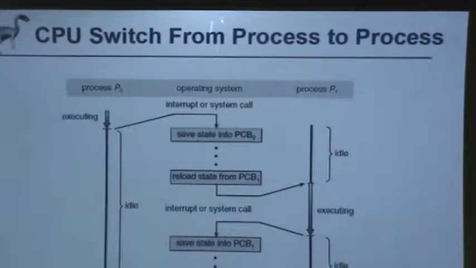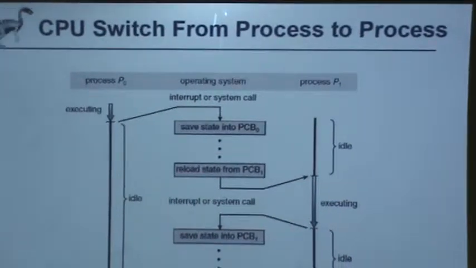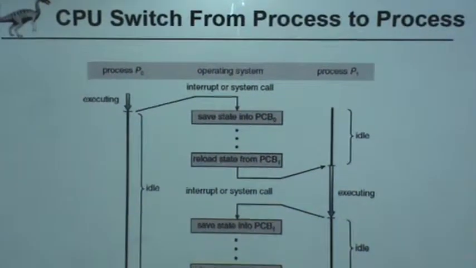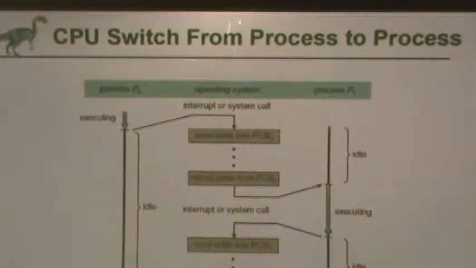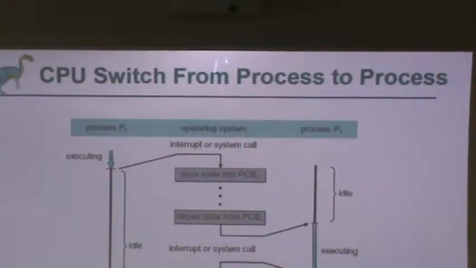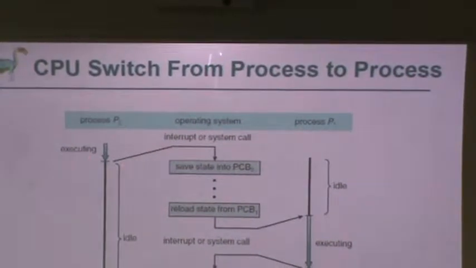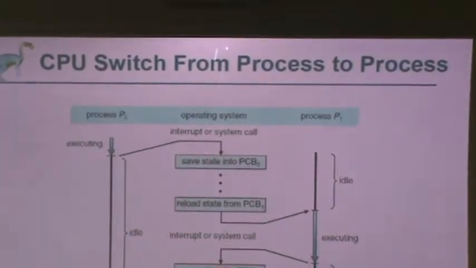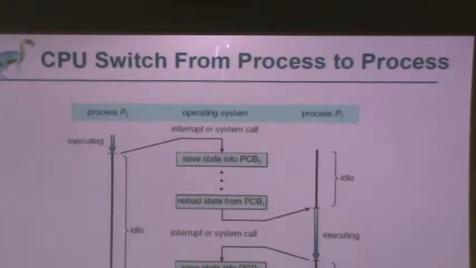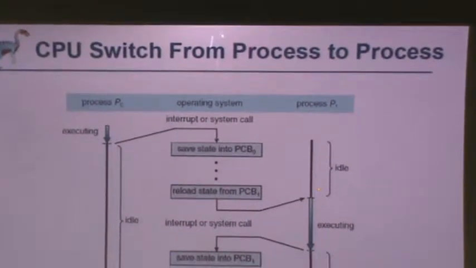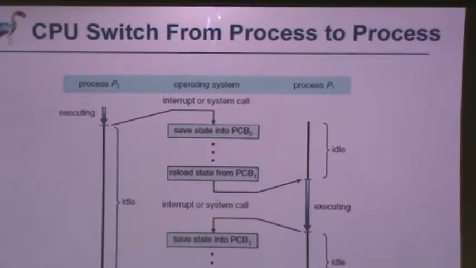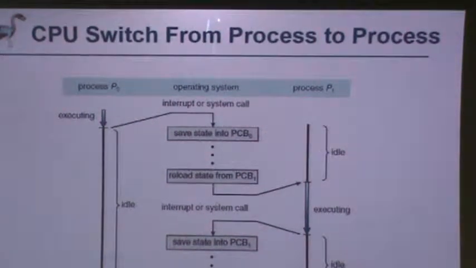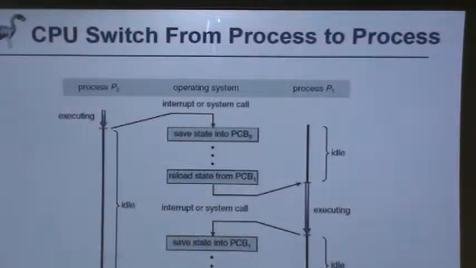This slide shows the context switch. We will see a little more detail about the context switch later. We will copy all the information about the current process to the PCB when a context switch happens. Similarly, we can bring the PCB information to the registers for the next process.